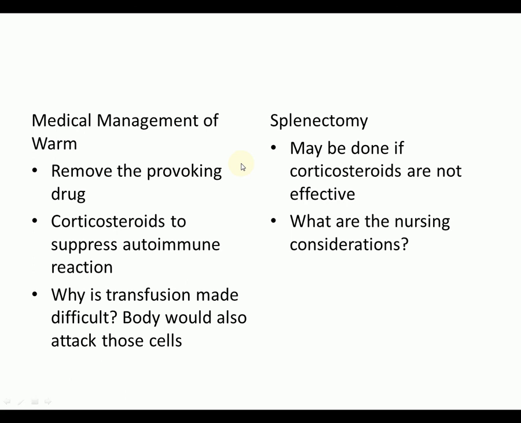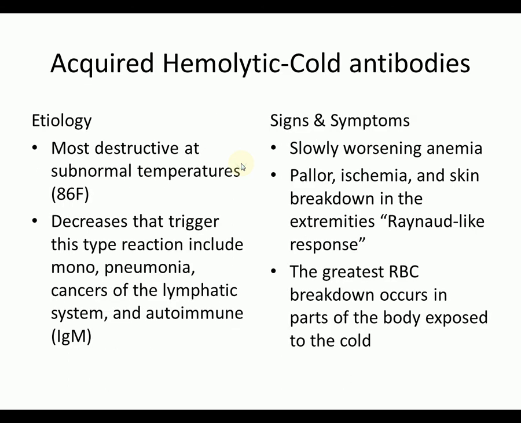Medical management is to remove the provoking drug and give corticosteroids to suppress the autoimmune reactions. Why is a transfusion made difficult? Because the body would also attack those cells. Splenectomy may be done if corticosteroids are not effective. What are your nursing considerations for splenectomy in this?